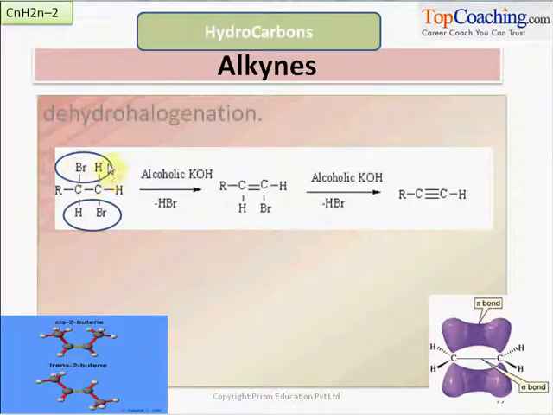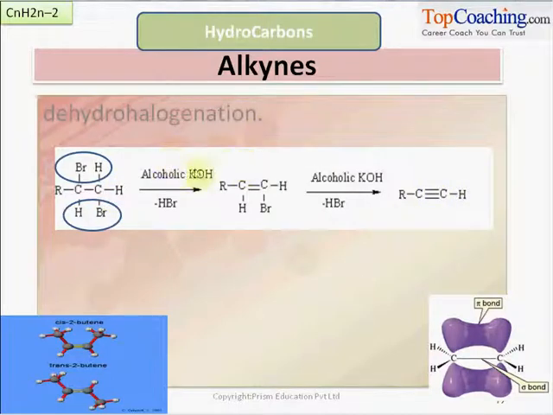These two HBr, this hydrogen from here, this bromine from here, hydrogen from here and bromine from here. The OH ions from the base take away the hydrogen, K+ ions take away the bromine, and these two elements when they leave the carbons, they leave behind one bond each, and this is what we get, right?